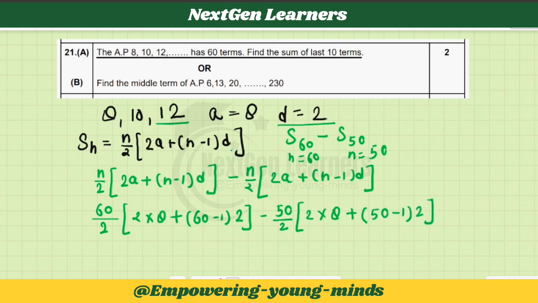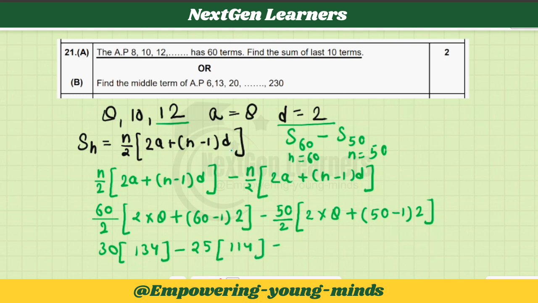Now if I solve this, so I'll get my value as 30 into 134 minus यहाँ पे मेरे को मिलेगा 25 into 114.